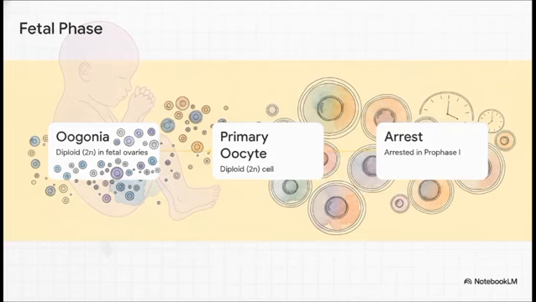These cells start dividing and enter into the primary oocyte stage, which is also diploid, 2N. But then, everything just hits the brakes. The primary oocytes get arrested in prophase 1 of meiosis. They literally sit in this state of suspended animation, enclosed inside primary follicles, until the female reaches puberty.